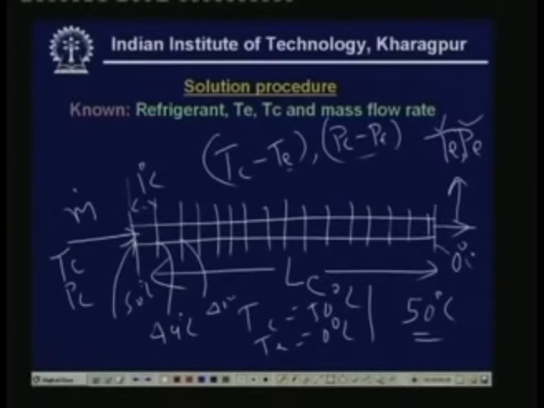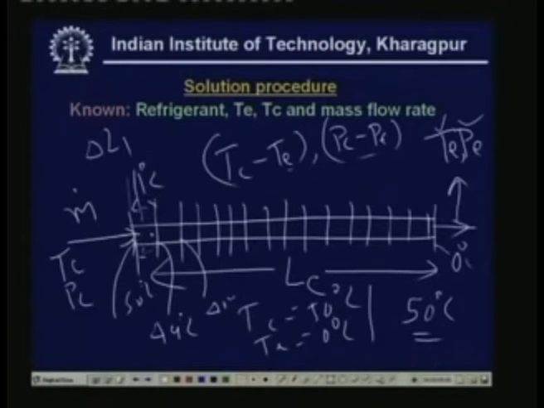So I take the first element, and for the first element, from the given information I find out what is the length required so that this 1 degree temperature drop can take place across the first element. So that is delta L1.